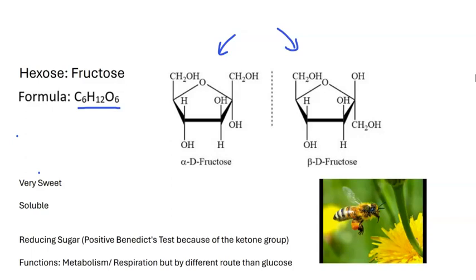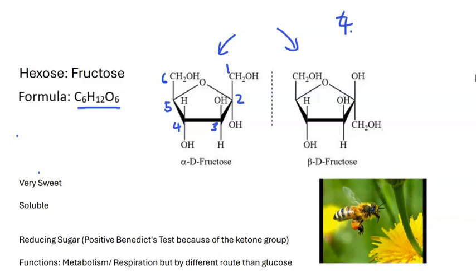The ring structure here is made up of just 4 carbons. So if we count the carbons through in this diagram, we go 1, 2, 3, 4, 5, and then 6 up here. So we've got 2 outlying carbons away from the ring structure of fructose.